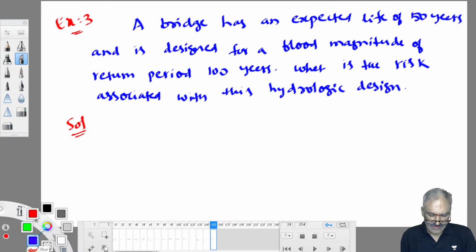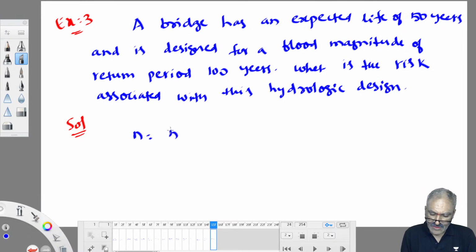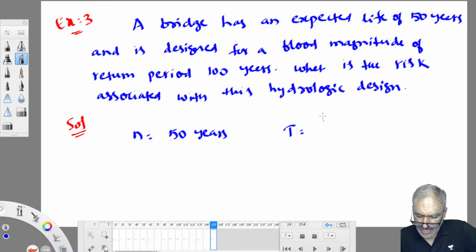Expected life of 50 years, that means N is equal to 50 years. It is designed for a flood having a return period of 100 years. So T is equal to 100 years.